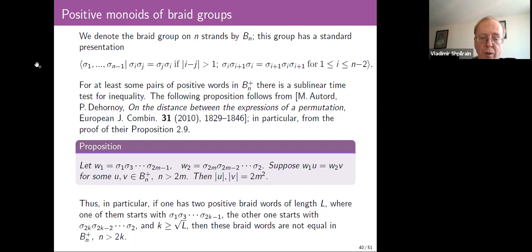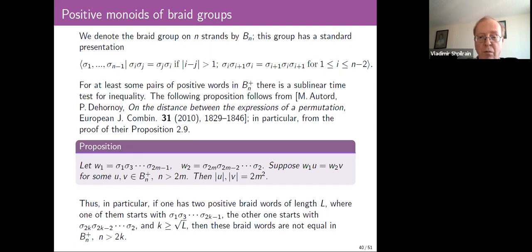What this implies is that if one has two positive braid words of length L, where one of them starts with this funny word W1, and the other one starts with the word W2, and K is greater than the square root of L, then these braid words are not equal in the positive braid monoid.